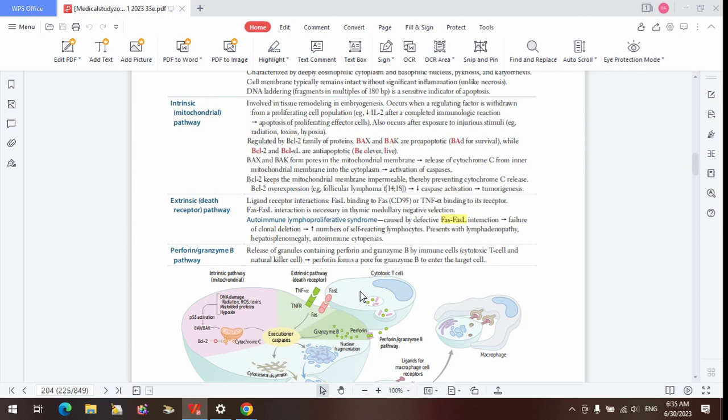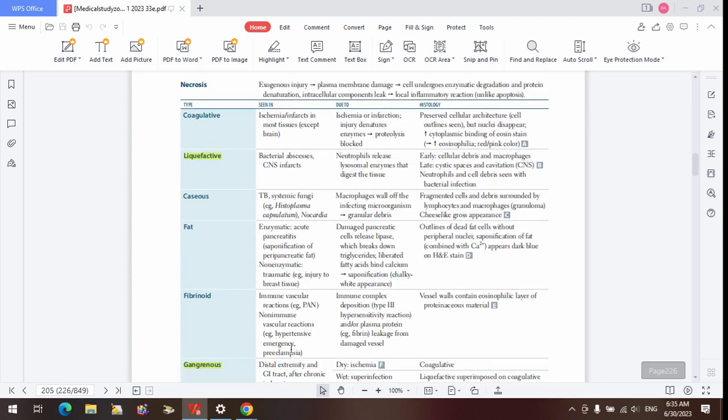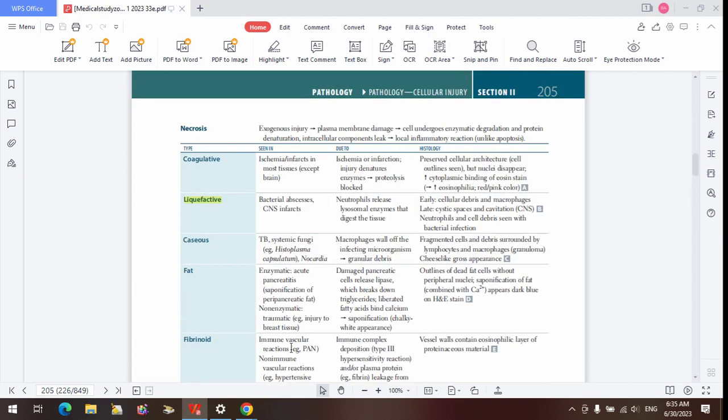So when there is attachment of the cytotoxic T cell to the cell that it wants to kill off, it's going to release the perforin. Perforin will make a hole in the cell that it wants to kill, and granzyme will follow that hole, and the granzyme B will now activate the caspase that will trigger the process of apoptosis. So that is all.